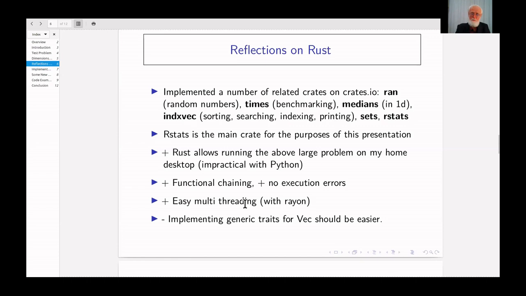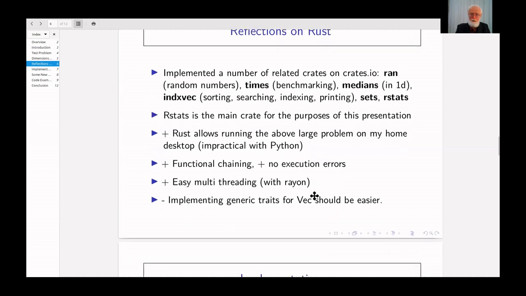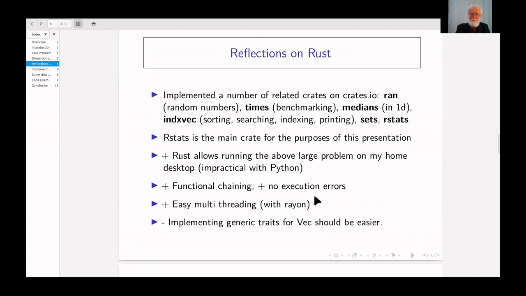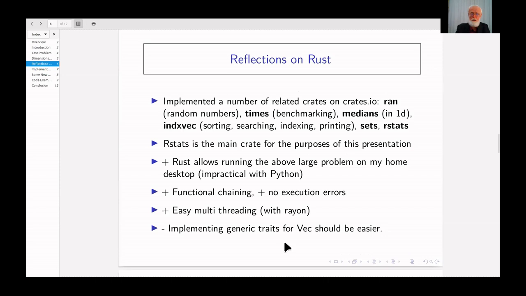And also easy multi-threading using the Rayon package. One minus I would mention is that implementing generic traits on top of the out-of-crate Vec type should have really been easier than it was.